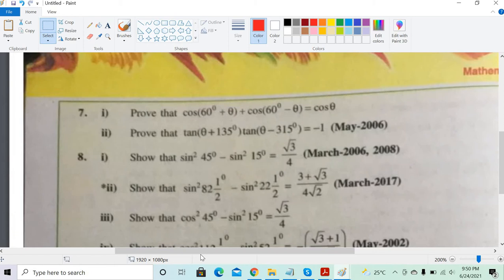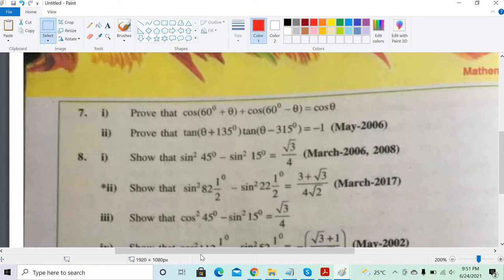Yeah, I expanded, then only I got this. So I got tan theta minus 1 by tan theta plus 1, tan theta minus 1 by 1 plus tan theta. Tan 135 is minus 1 and tan 315 is also minus 1. So when you get tan theta plus tan 135 on top by 1 minus tan theta tan 135, on top you get tan theta minus 1 by 1 plus tan theta for the left one.